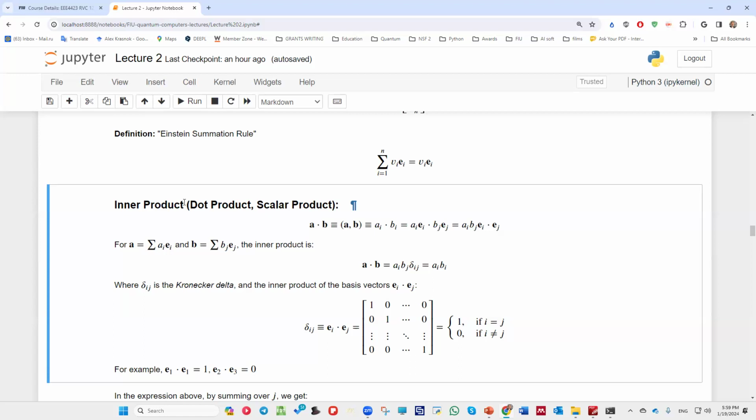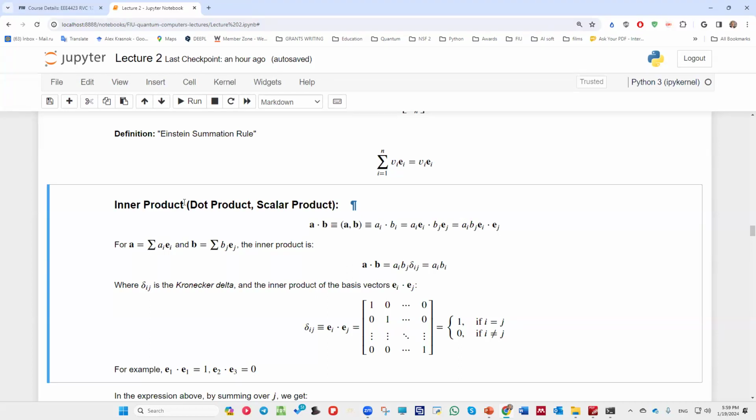Having the space and basis introduced in the space, I can do something with the vectors in the space. One thing I can do, of course, as we already discussed, is multiply the vector by a constant, which means changing the vector magnitude, the vector length.